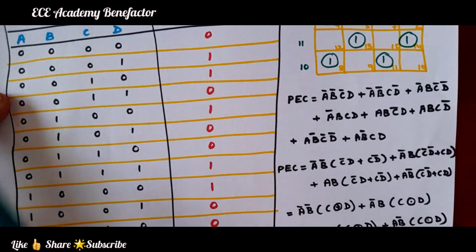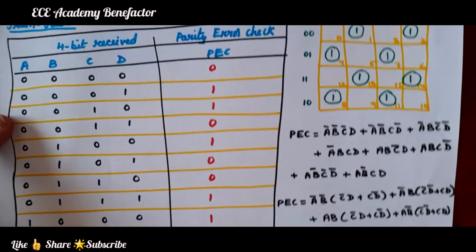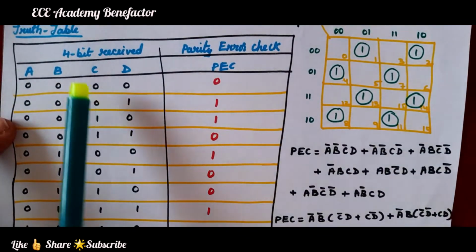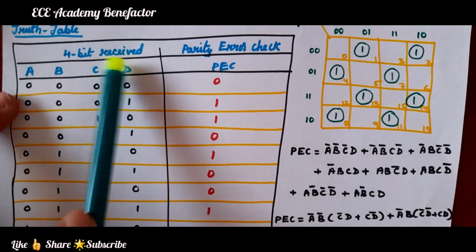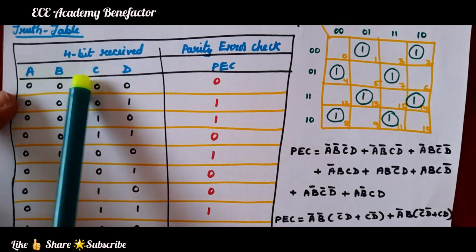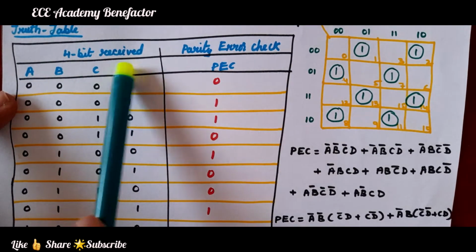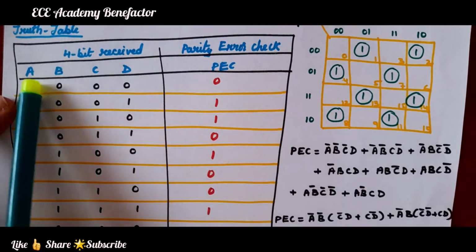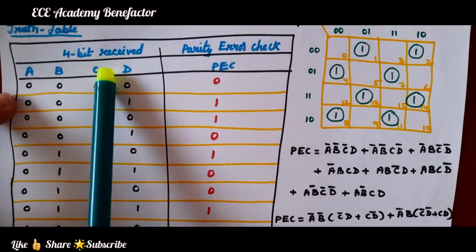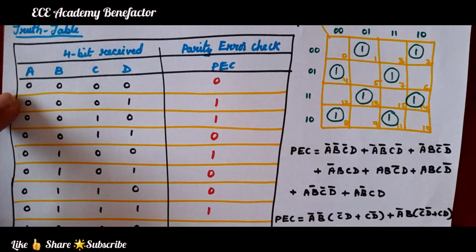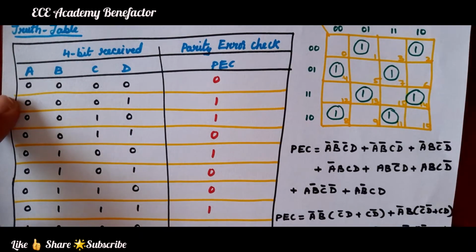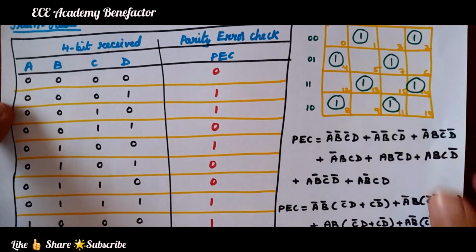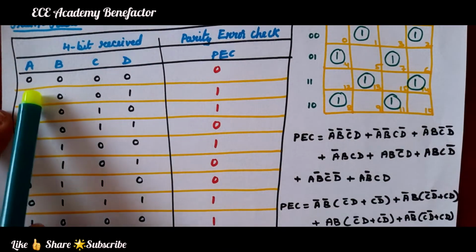So, we have written it as 4 bit received, this is a truth table, 4 bit received. 4 bit received means ABC is the binary message, along with this some parity bit is added. So, we have written it as ABCD. For 4 variables we will have total 16 combinations, that is from 0000 to 1111.